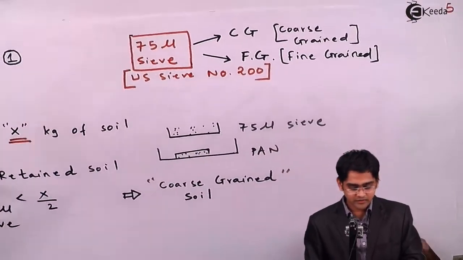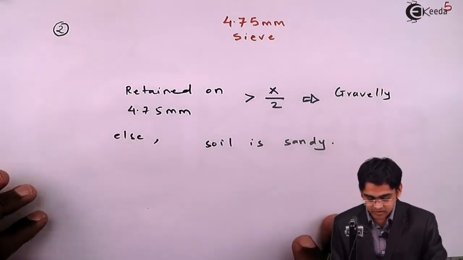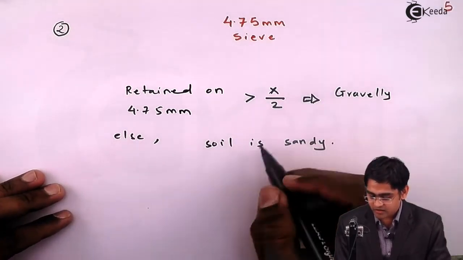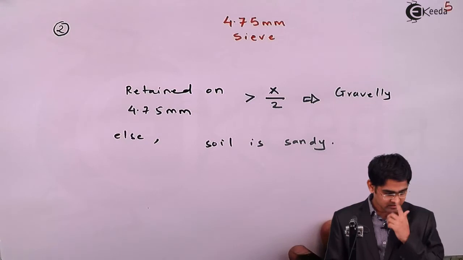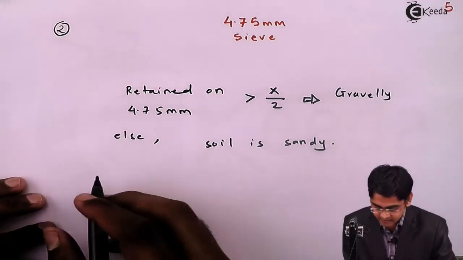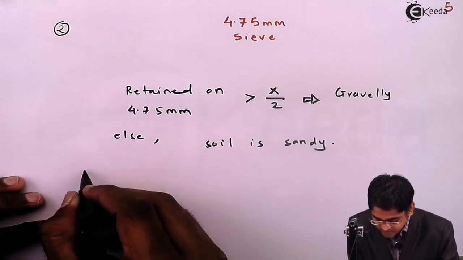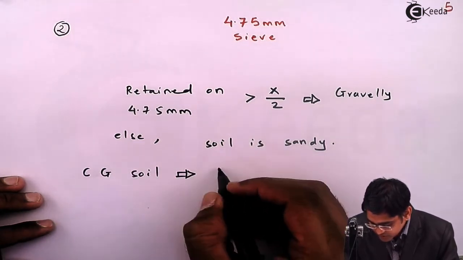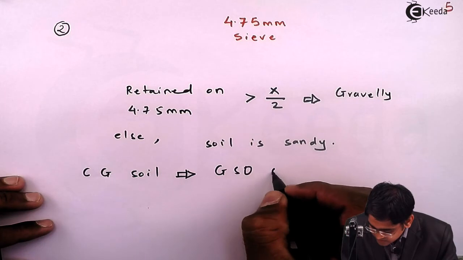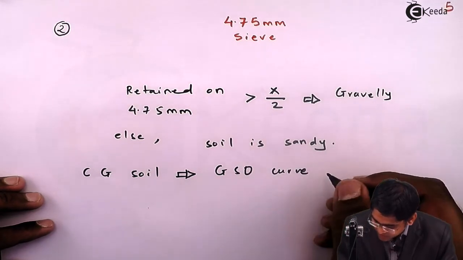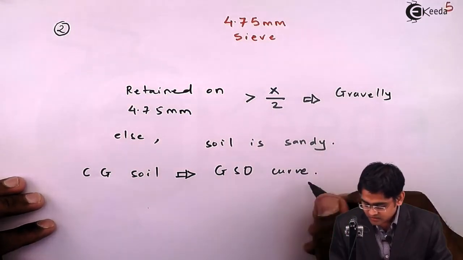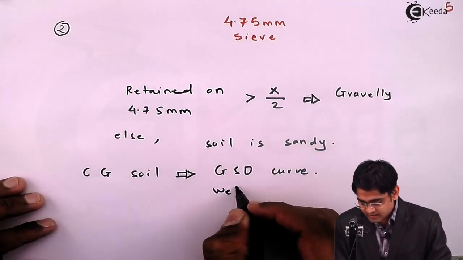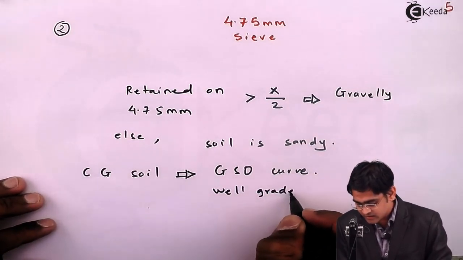So if you end up with gravelly or sandy soil, that means you have a coarse-grained soil, then you can use the GSD curve to further classify the soil into well graded and poorly graded.